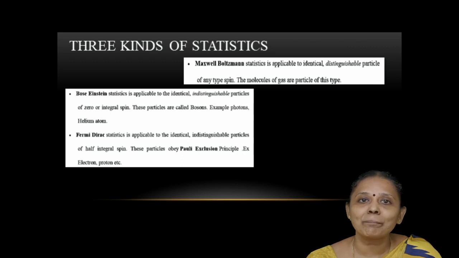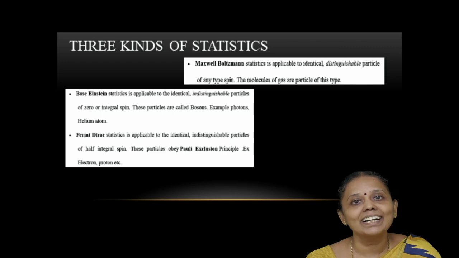The best examples of this kind are electrons, protons, etc. Among the three statistics, the first one, Maxwell-Boltzmann statistics, is also referred to as classical statistics, and the other two kinds, Bose-Einstein and Fermi-Dirac, come under quantum statistics.